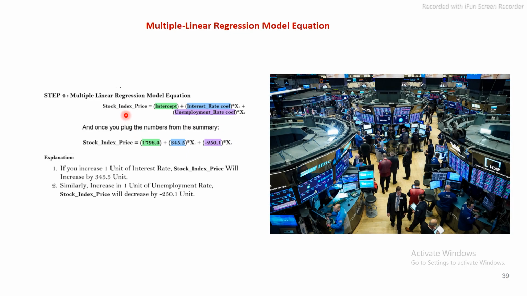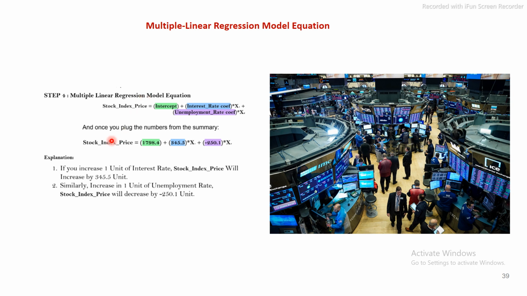So this is your formula: intercept plus interest rate multiplied by its coefficient, plus the coefficient of unemployment rate multiplied by unemployment rate. This will give you the formula.